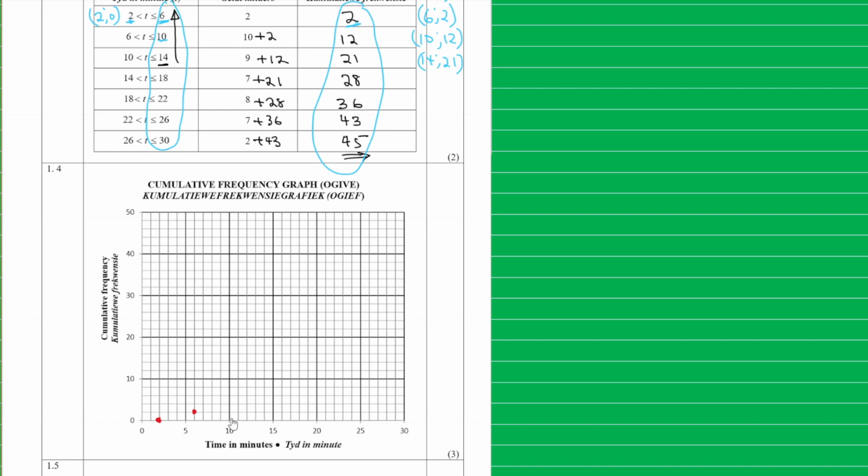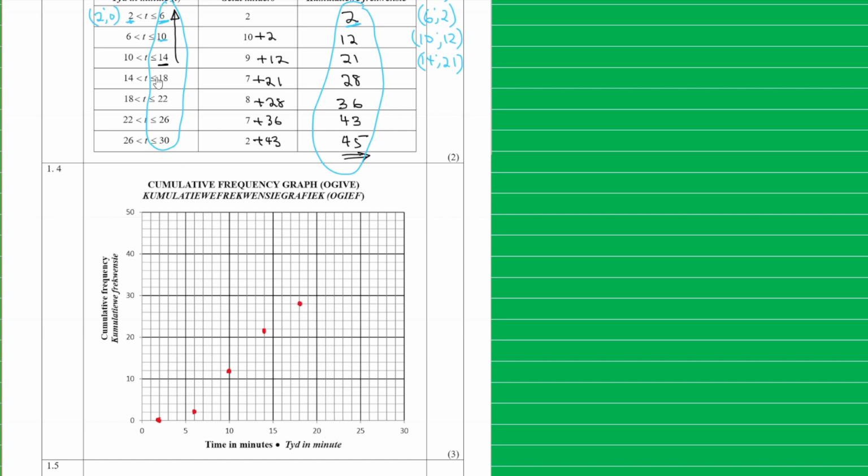The next one is 10 with 12, so 10 with the 12 is there, and then goes with 14 and 21. 14 is 21, 21 is somewhere there, and then 18 with 28. 18 is 15, 16, 17, 18, and with 28, so 28 is that point.